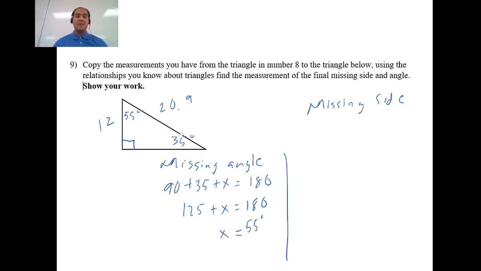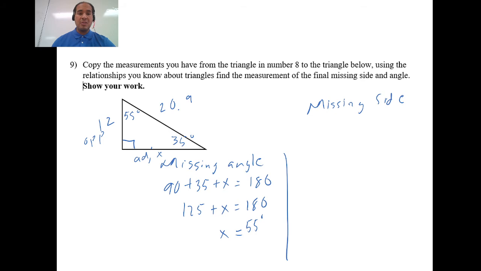We are looking for this side here, which previously we called the adjacent to the 35. And we're going to use the 12 as our other side. So we have our adjacent and our opposite. Earlier, from the 35, we called that the opposite, and we called this side the adjacent, which we're missing. Let's call that x again, since it's the side that we're missing.